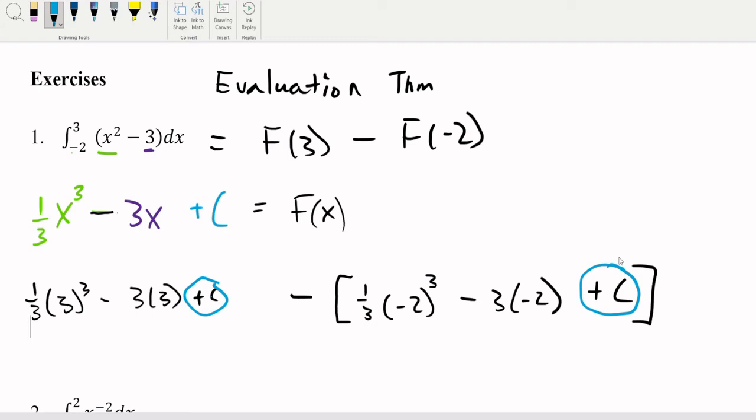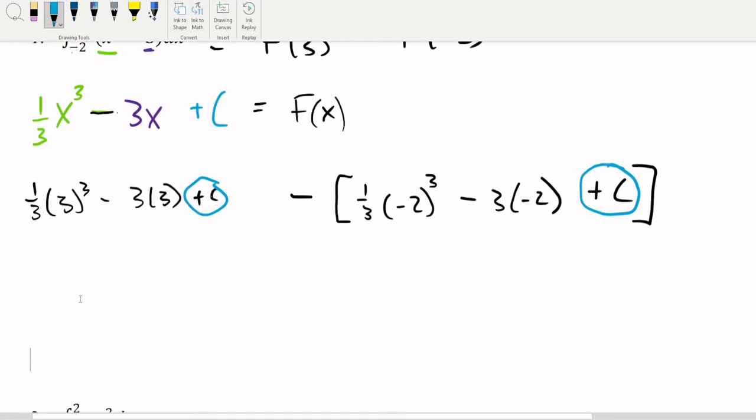So I'll have the shift up by 1 in both of those, so they cancel. So you don't care about the c when you're doing a definite integral here. That was my long-winded way to say that. But then this is it. You just start calculating, and you just have to be careful not to mess up the calculation.